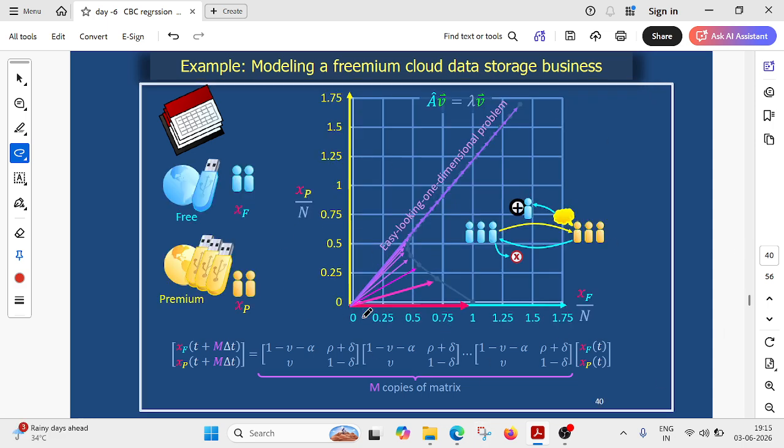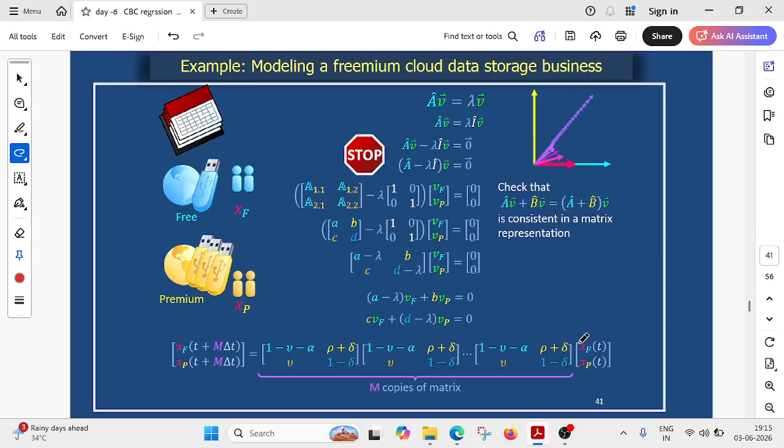So anyway, you can see that. So again, we got that the addition is consistent and a matrix representation. That's what, so this only we are representing, right?